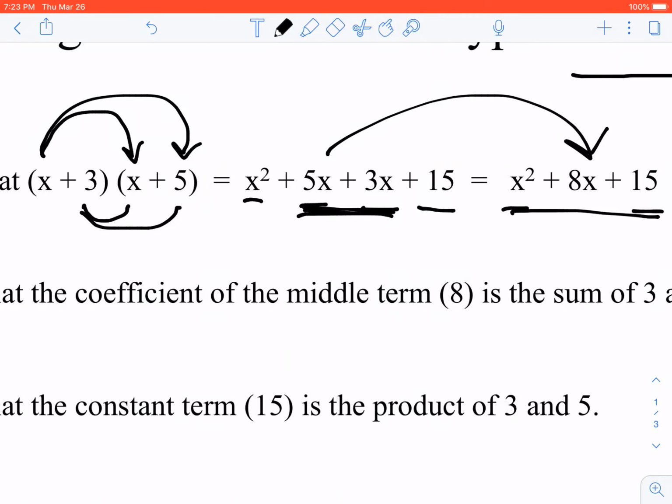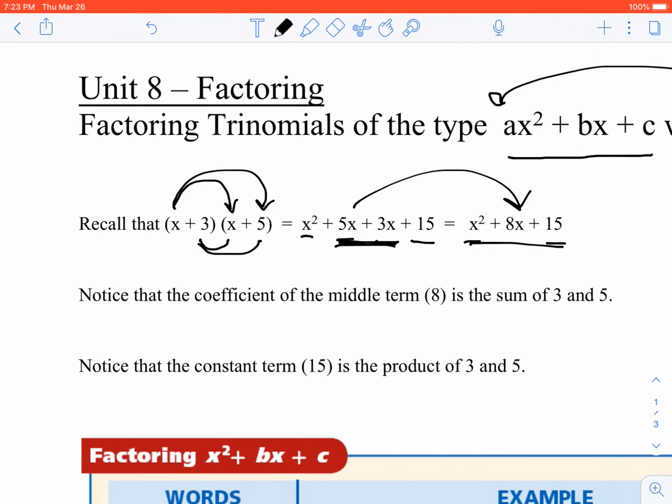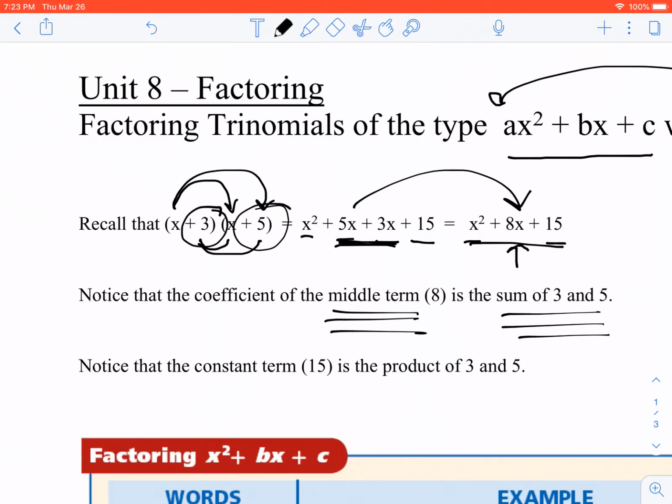What I want you to understand is that the middle number here, the 8x, is always going to be the sum of these two numbers, the 3 and the 5 in this case. So again, the middle term is always the sum of the two numbers in the binomial. And the 15 right here is always going to be the product of those same two numbers.